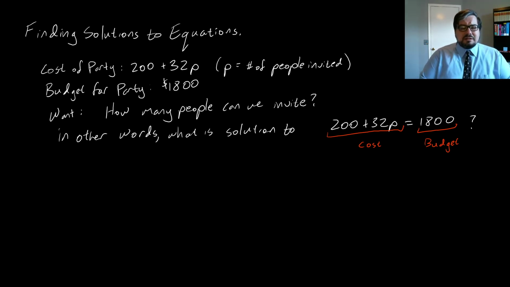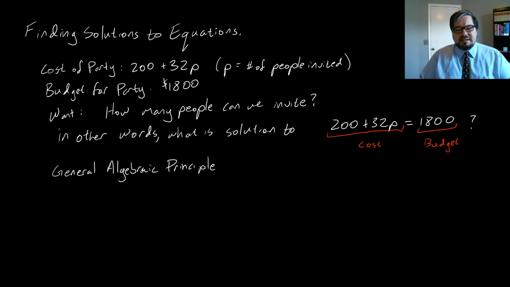And what we're going to take advantage of is what I call the general algebraic principle. This is the idea that we're going to take advantage of throughout all of algebra. And it's the following.